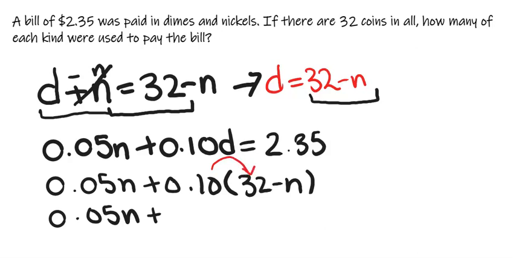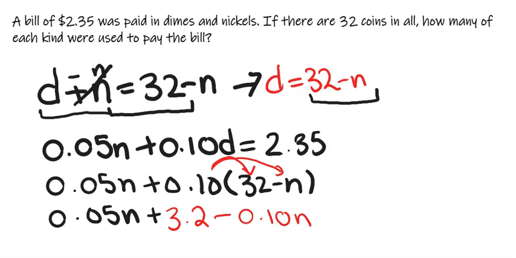So 0.10 times 32 is equal to 3.2. And 0.10 times negative N is equal to negative 0.10 N.